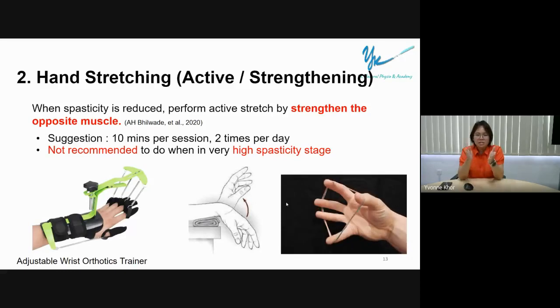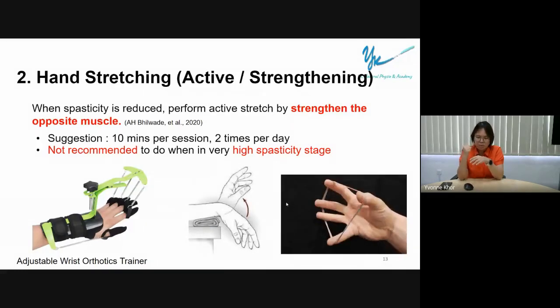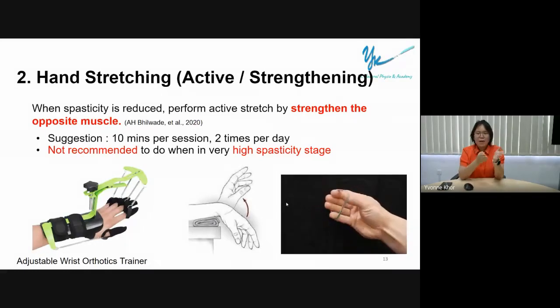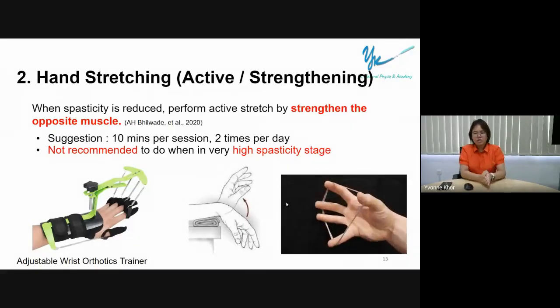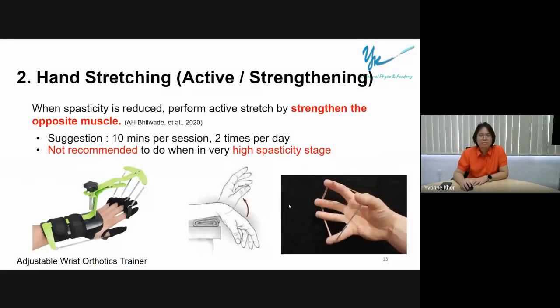Okay, and this strengthening is not recommended when there is very high spasticity. Why? In the high spasticity stage, the patient is not able to move either. So at that time it is preferred to do passive stretch or prolonged stretch until the stage when the spasticity is reduced. Then you can start to bring in the strengthening exercise.